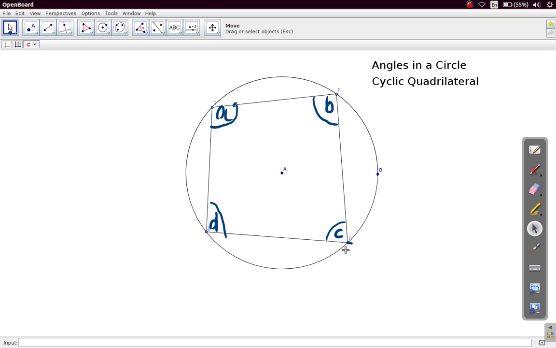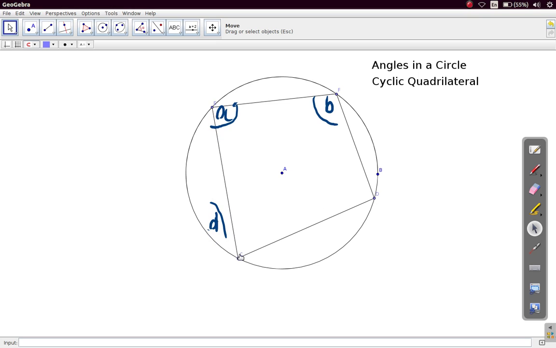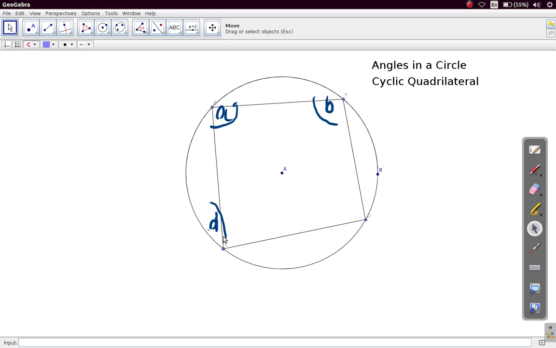Let me see if I can move one of these points. I'll move this point up here, and I move this point here, and this one here. Now, if I could adjust them to make the sides all equal, then what would happen?